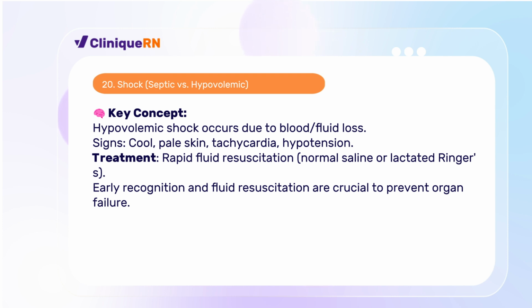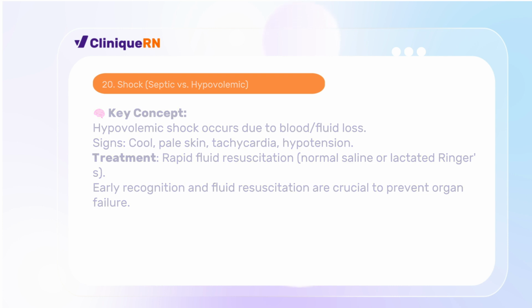Hypovolemic shock occurs due to blood or fluid loss. Signs: cool, pale skin, tachycardia, hypotension. Treatment: rapid fluid resuscitation with normal saline or lactated Ringer's. Early recognition and fluid resuscitation are crucial to prevent organ failure.